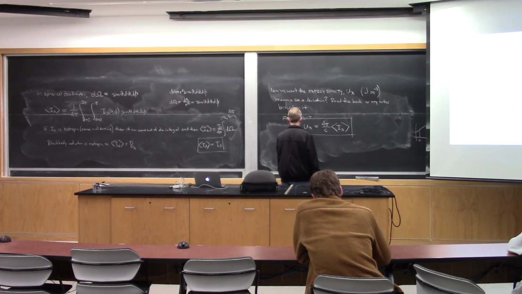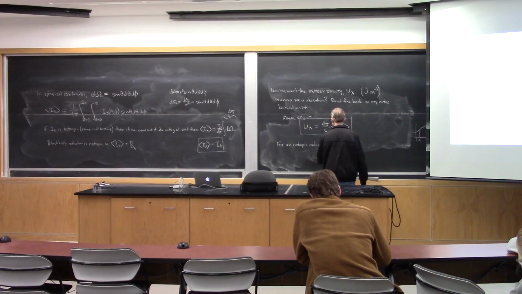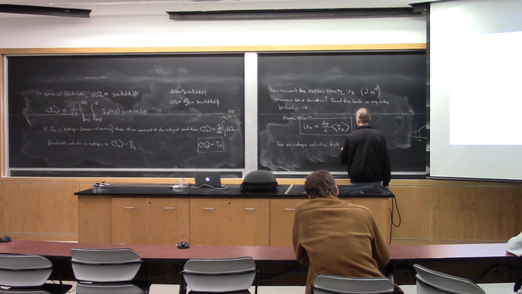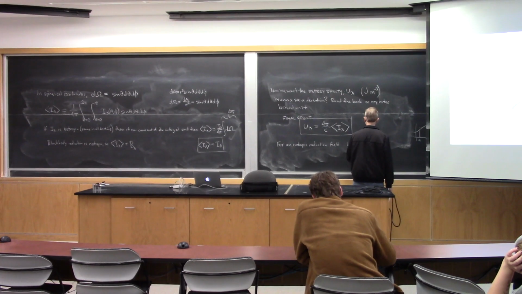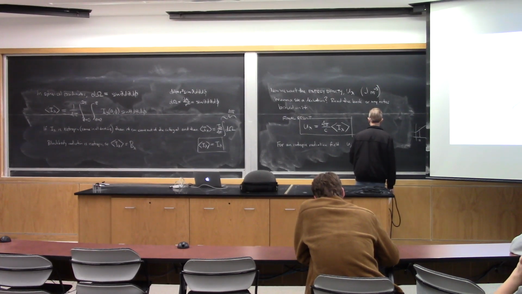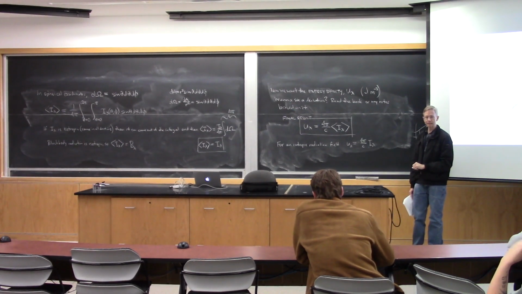And if you've got an isotropic radiation field, then whatever the intensity is, that's also the average value of the intensity. So in that case, U lambda is just 4 pi over c I lambda.